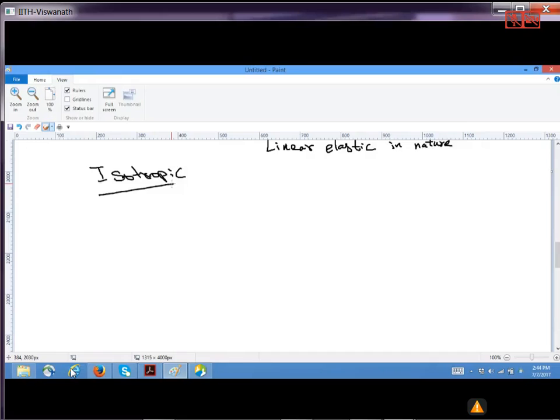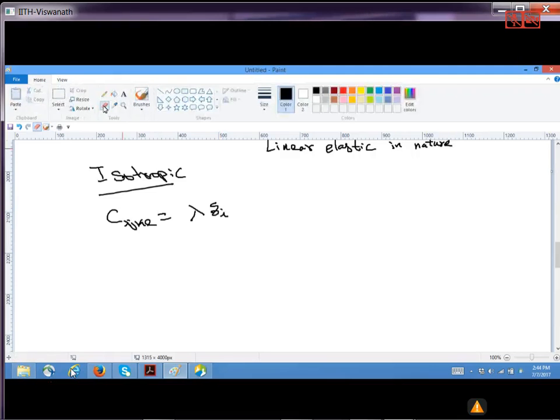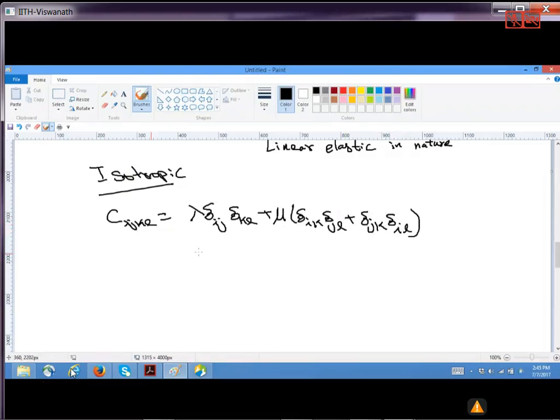For the isotropic material, your C ijkl is defined as lambda delta ij delta kl plus mu delta ik delta jl plus delta jk delta il, where these two are called Lame's constants.